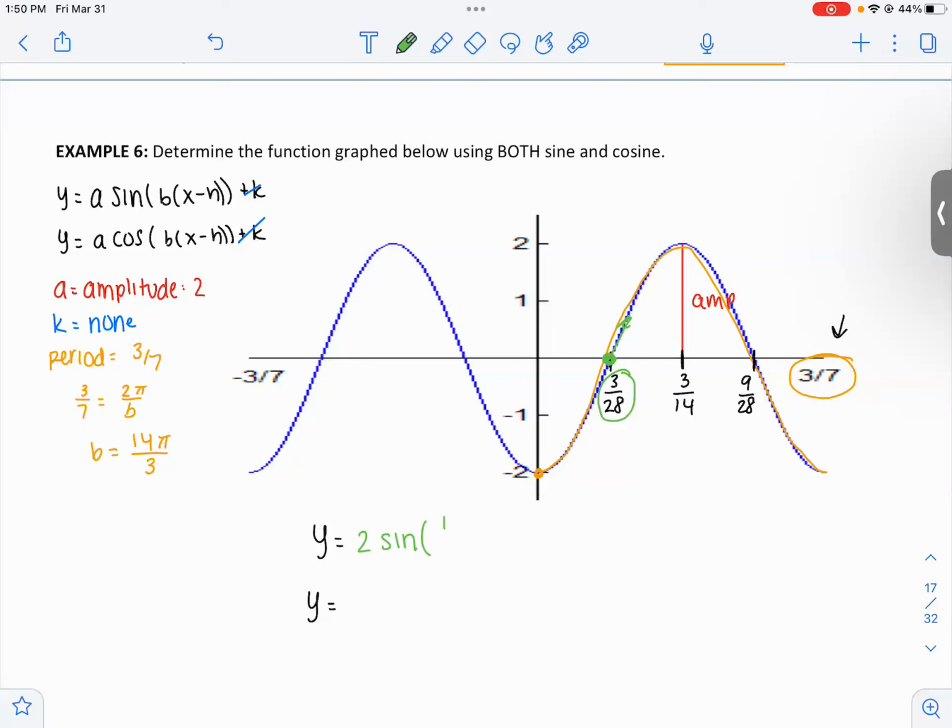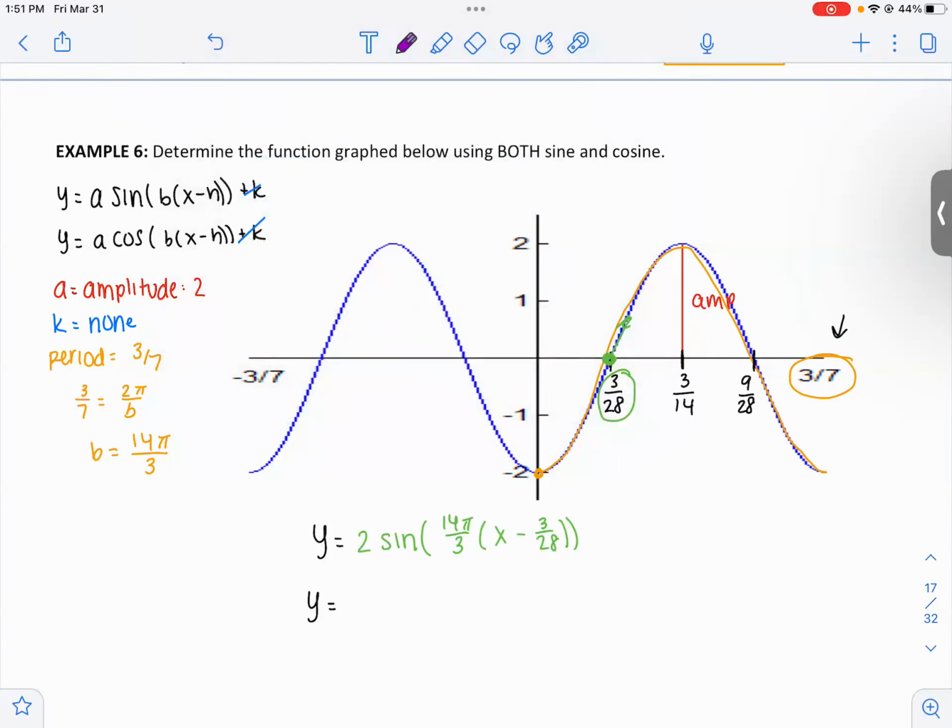I know my b value is 14 pi over 3. I know I got an x. I shifted to the right 3/28, so I'm going to go ahead and subtract 3/28, and I didn't go up or down at all. So my equation is good as is.